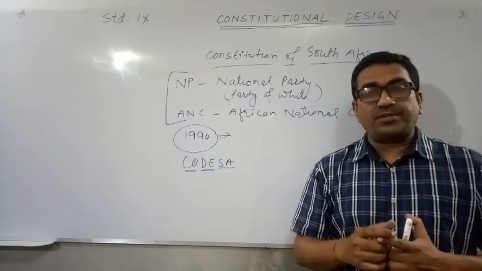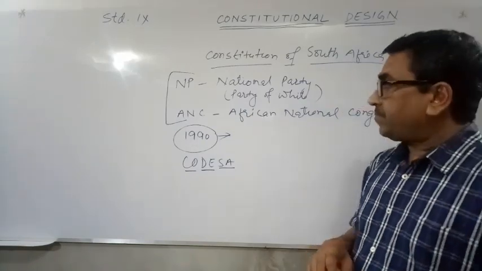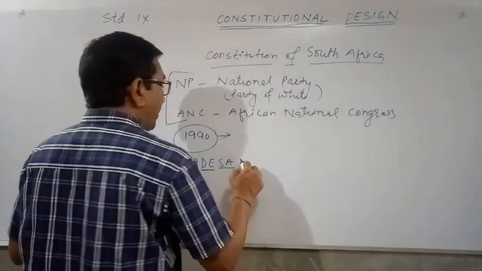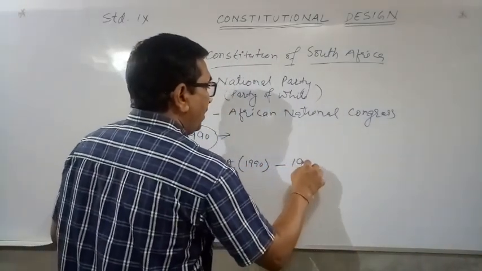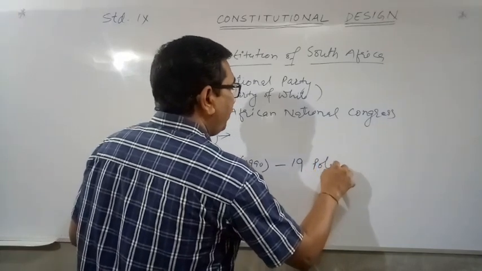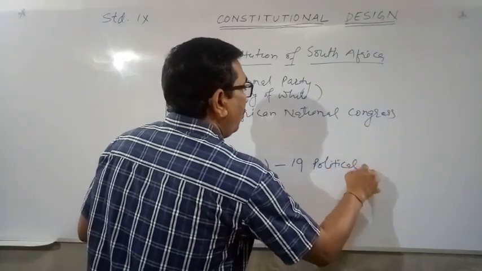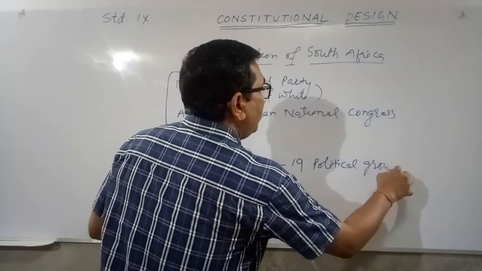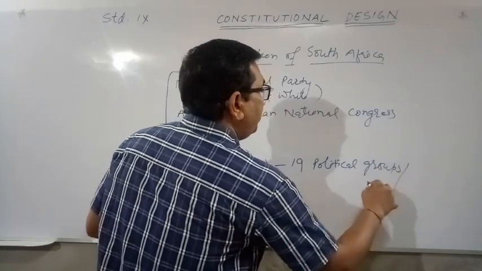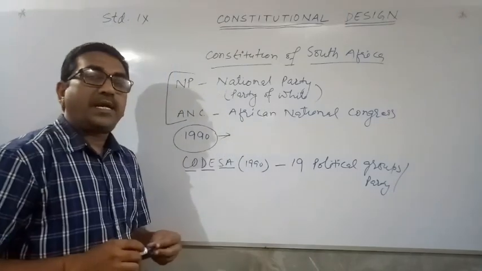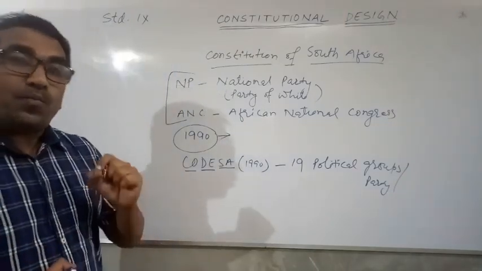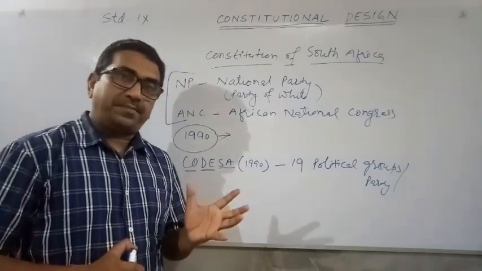They met in 1990, and it had 19 political groups or parties.